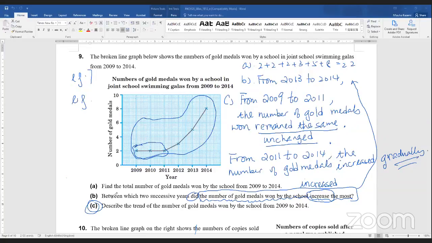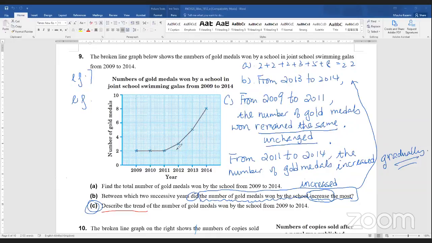Okay, you have these kinds of questions. Describe. Then you can see here what you need to do. It means you have to write some sentences to tell people what's going on here, or what the diagram is going to tell you.